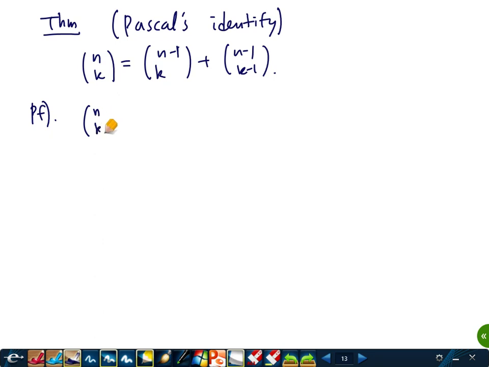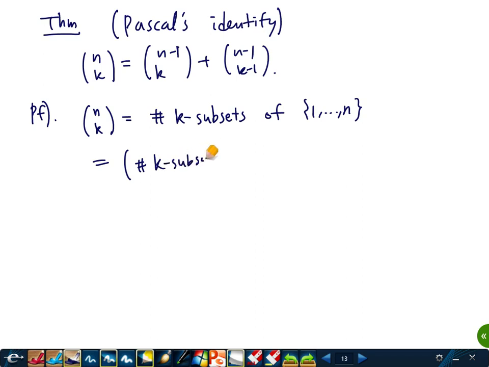So what is n choose k? It has many combinatorial meanings. One of them is the number of k-subsets of an n element set. Or simply, let's say 1 up to n. Okay? It's the number of k-subsets by definition. But we are going to divide these k-subsets into two classes. Because every subset may or may not have element n, right?